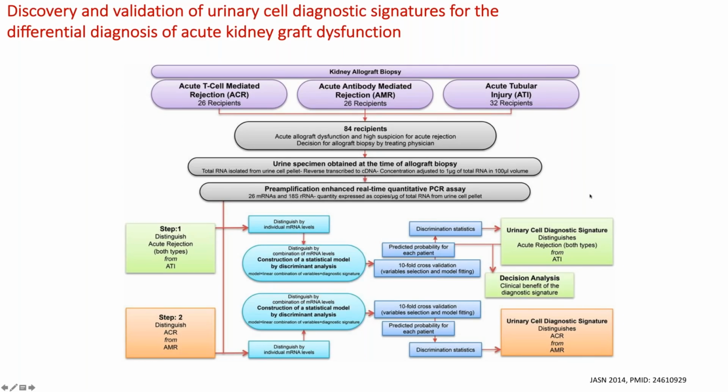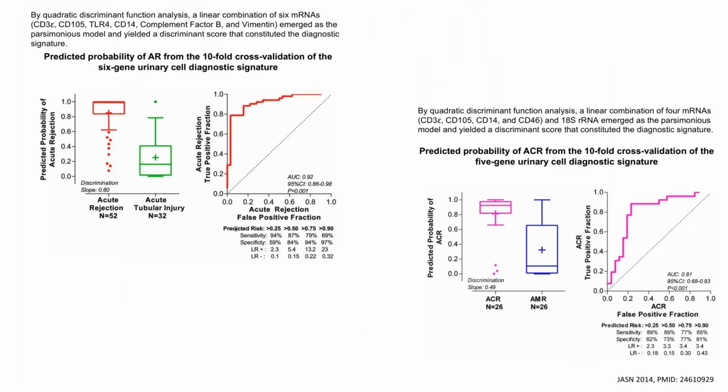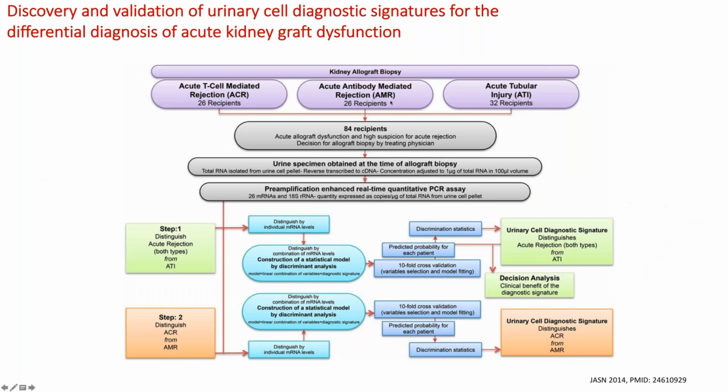Based on this approach, we published a study that looked at a two-step model to differentiate acute cell-mediated rejection from antibody-mediated rejection. We studied 26 patients with acute T-cell mediated rejection, 26 with antibody-mediated rejection, and 32 with tubular injury.